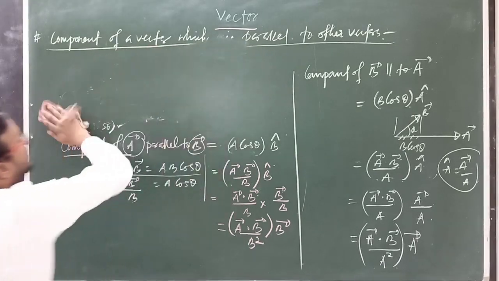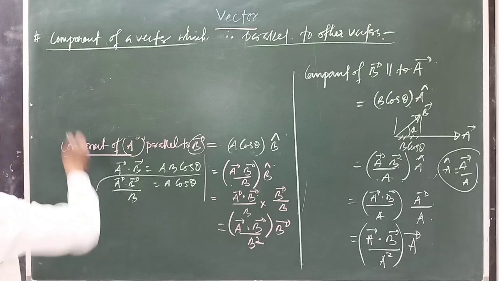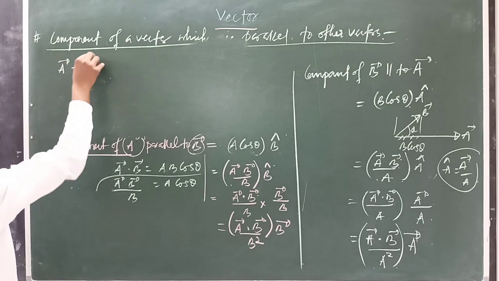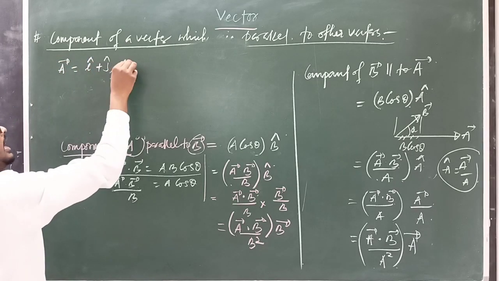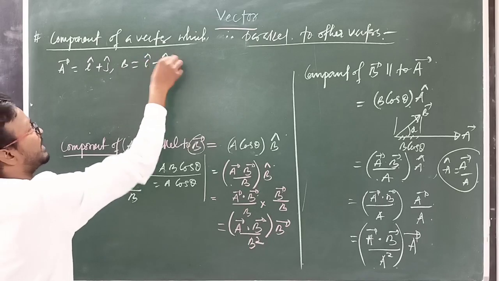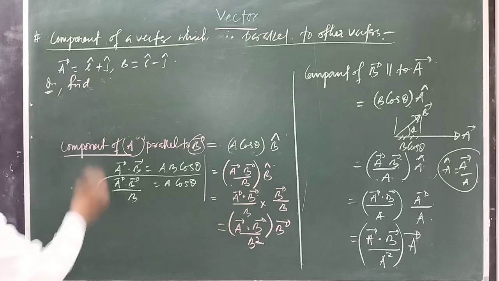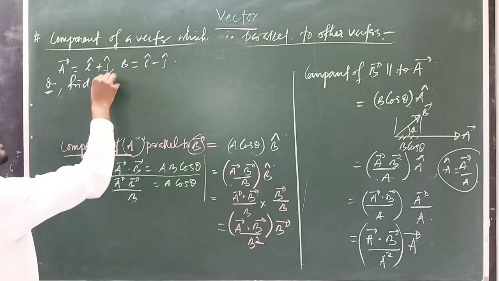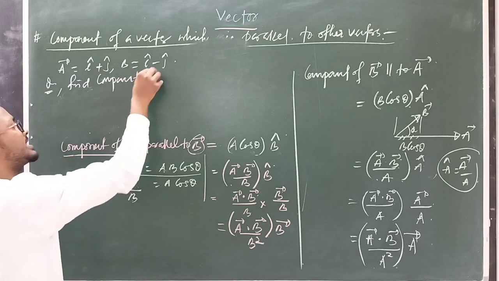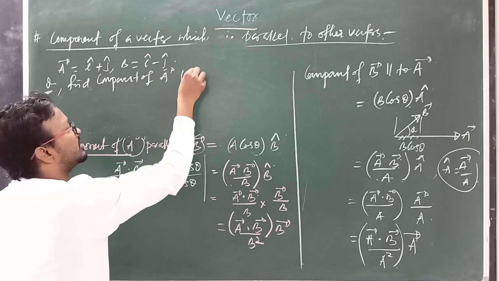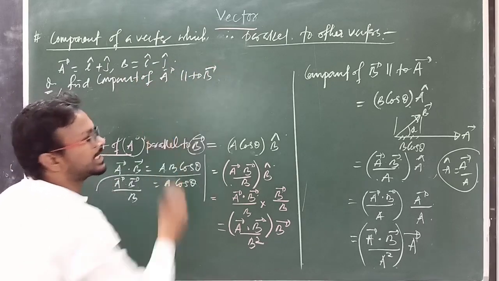Suppose I am writing one question here: suppose A vector equals I cap plus J cap and B vector equals I cap minus J cap, and the question is, find the component of A vector parallel to B vector.